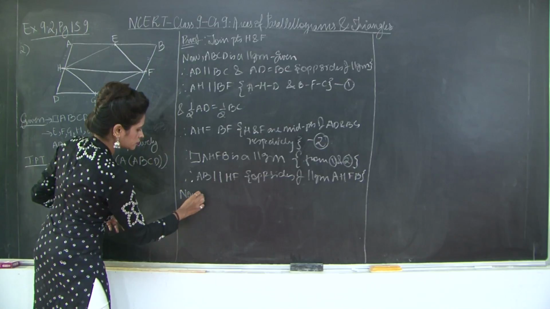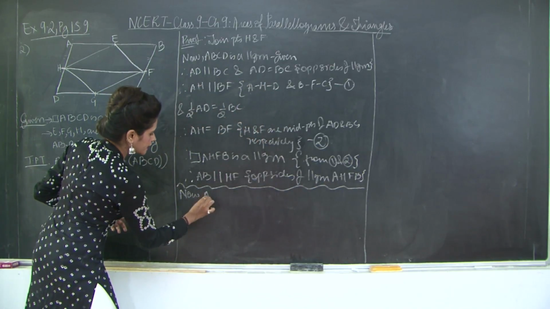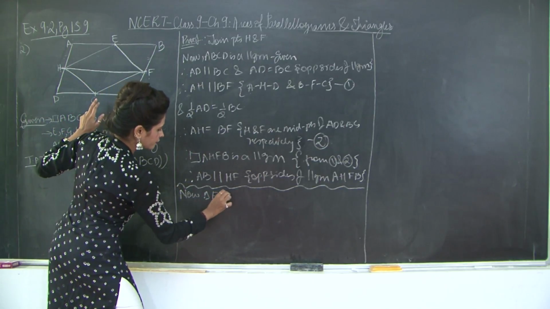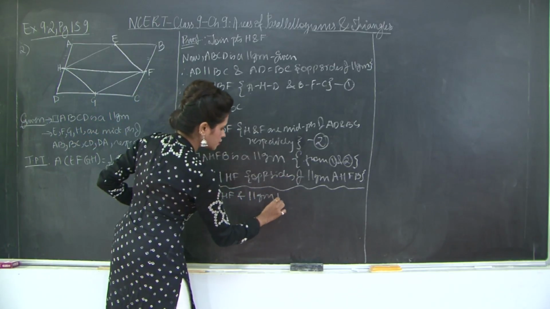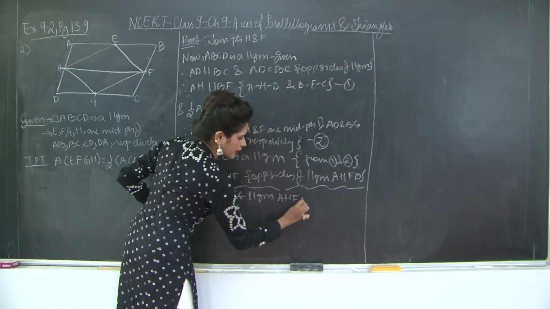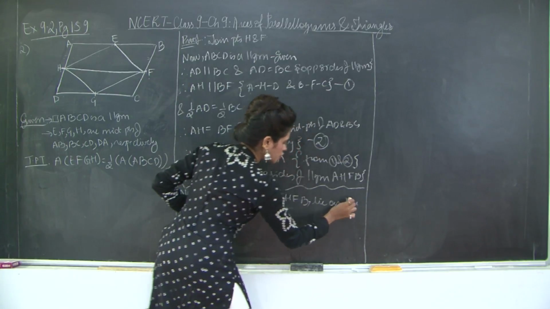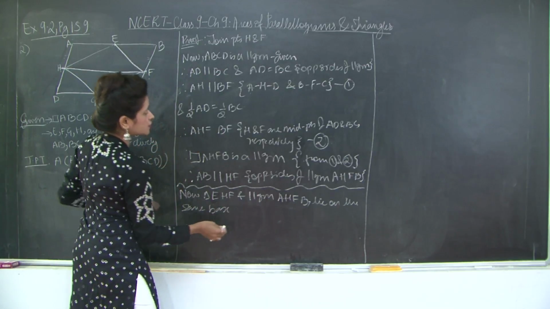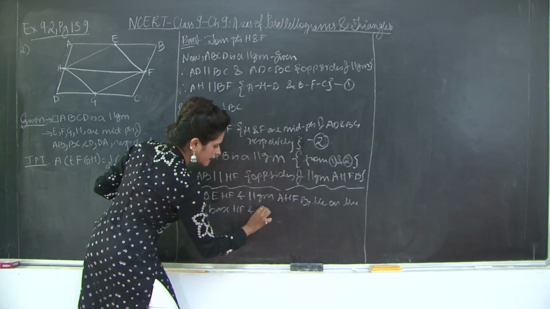Now, triangle EHF and parallelogram AHFB lie on the same base. So, which is your same base? That is our construction HF here. On the same base HF and common parallels.